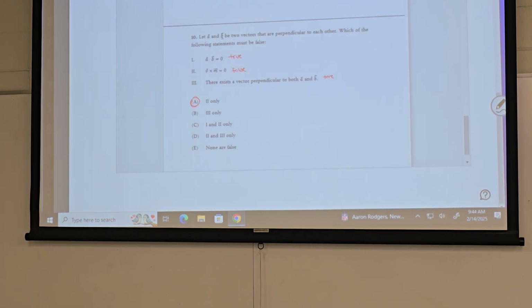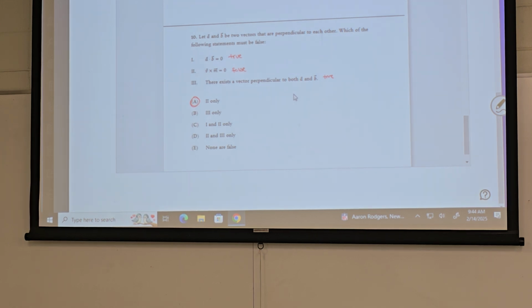10, the 2 vectors are given that are perpendicular to each other. It needs to be true that the dot product is 0. If the cross product is 0, that means that the 2 vectors are parallel, so that's false. And this says if you have 2 vectors that are already perpendicular, does there exist a third vector that is perpendicular to both A and B?